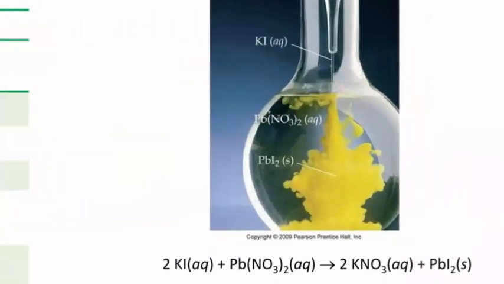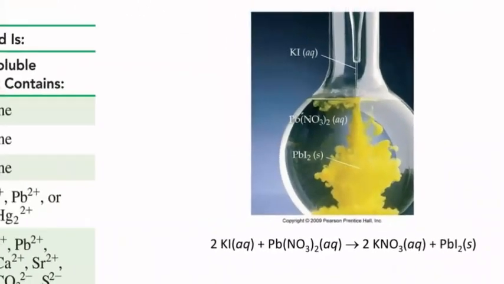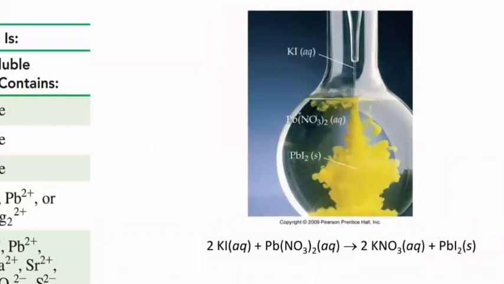We can see on the right side of the slide two ionic compounds that are soluble in water. So here we have potassium iodide, which is what is entering right here.